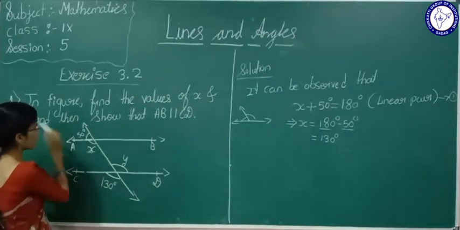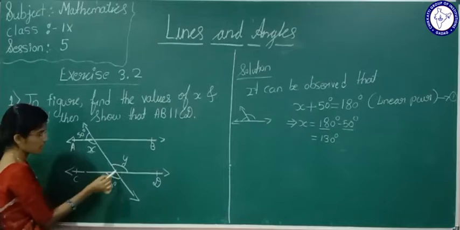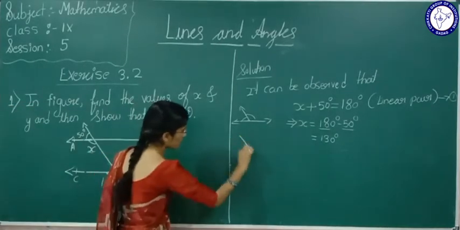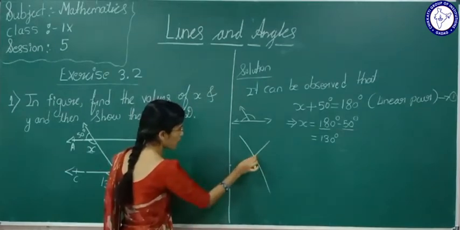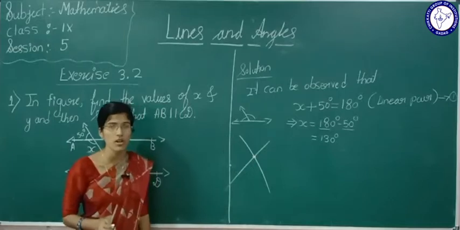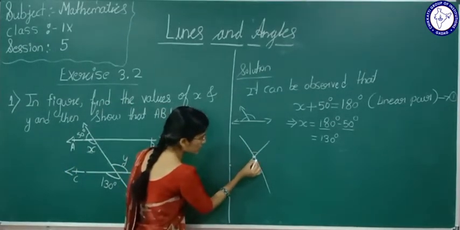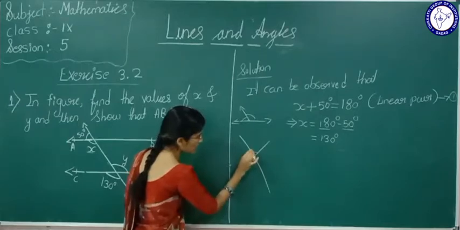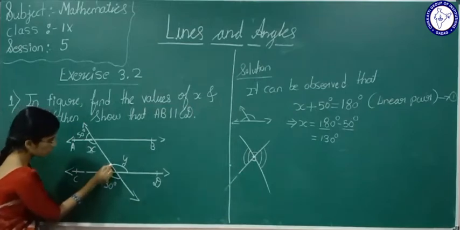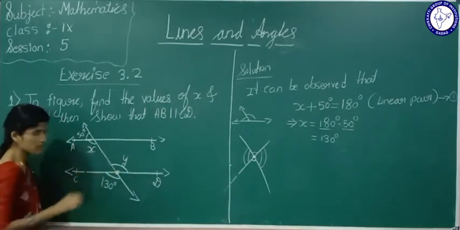Again they told us to find the y value. So observe here clearly, students. If two lines intersect at a point, then the angles formed at the point of intersection are called vertically opposite angles. We learnt one theorem that vertically opposite angles are equal. Yes or no? Here two lines are intersecting at a point.